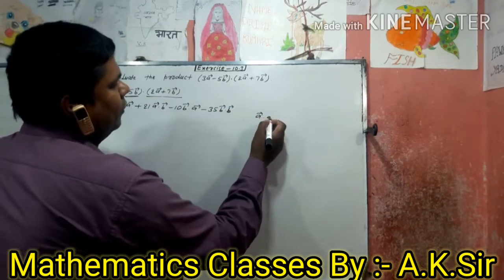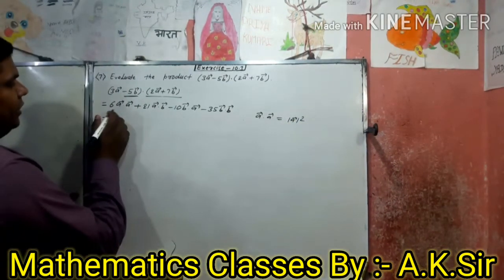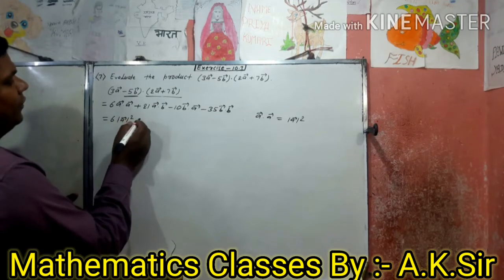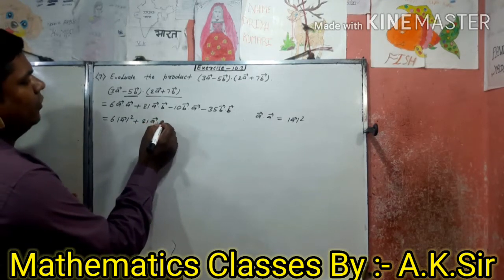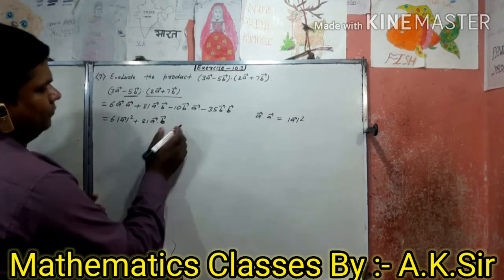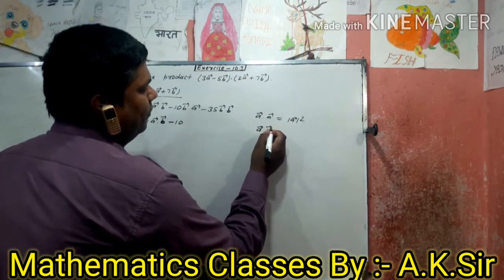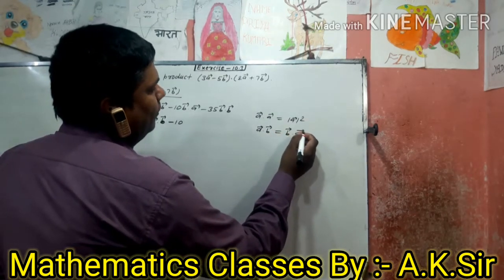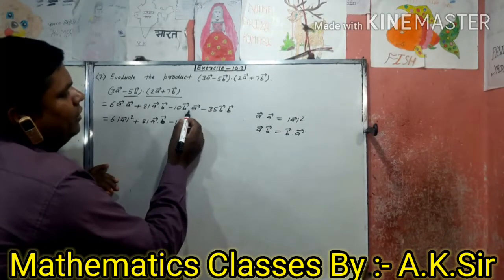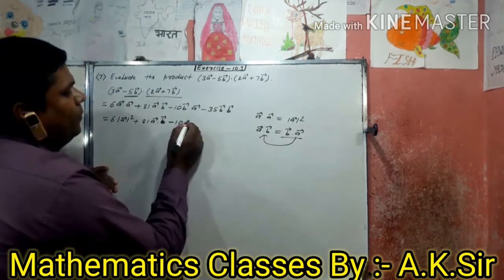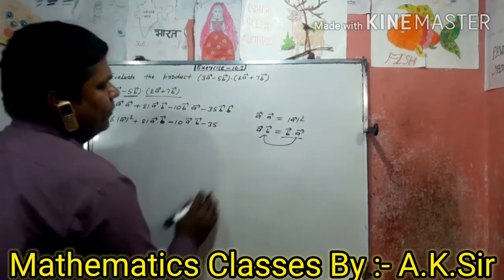We know that a vector dot a vector is equal to magnitude of a square. It means we can write 6 magnitude of a square plus 21 a vector dot b vector minus 10. We know that a vector dot b vector is equal to b vector dot a vector, then we can write in the place of b vector dot a vector, a vector dot b vector, minus 35.